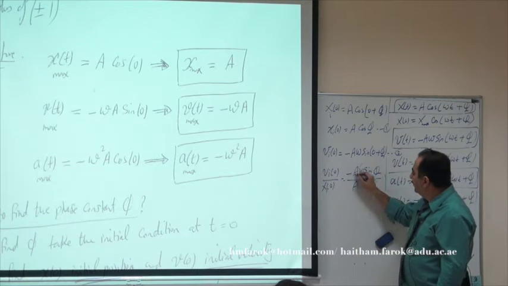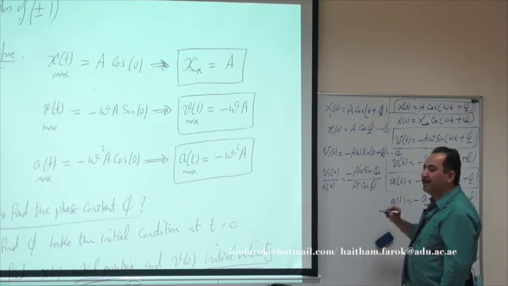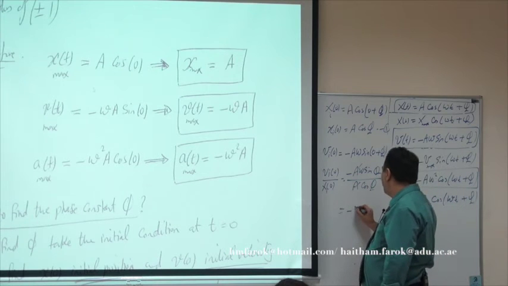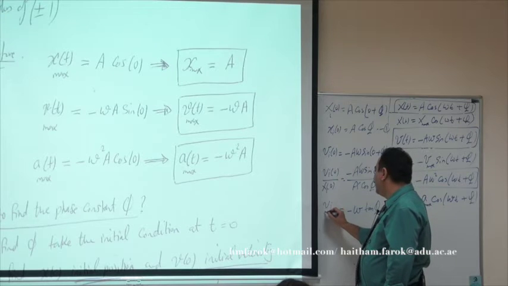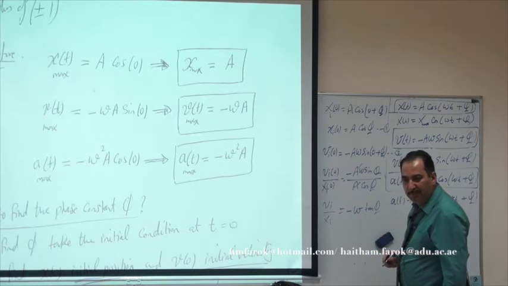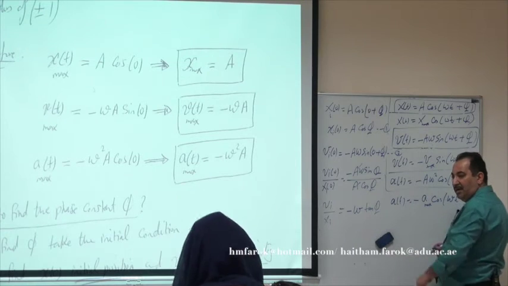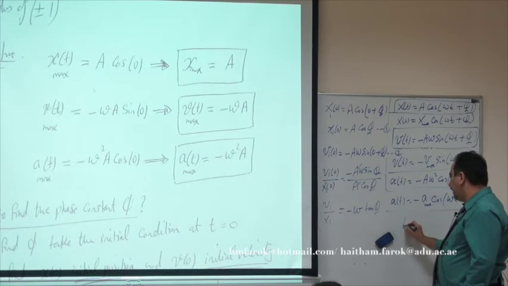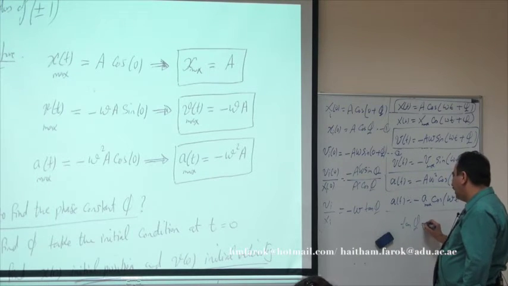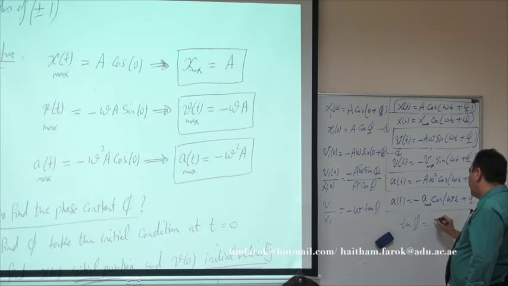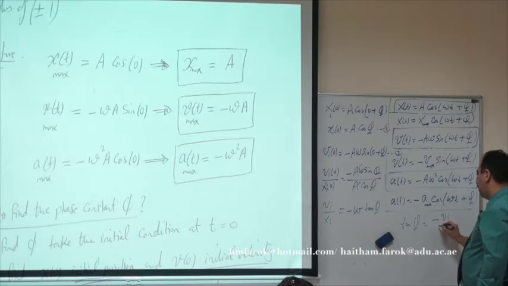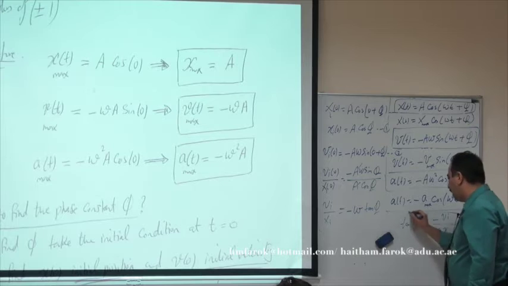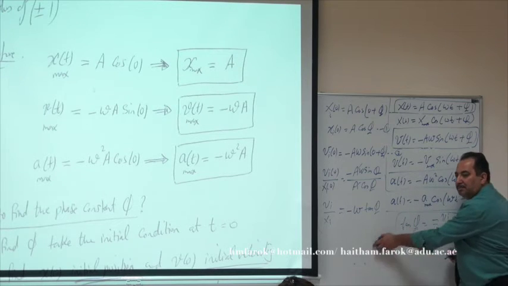Do I need the amplitude? No. Sine over cosine, so I'll have minus omega tan phi equals v initial over x initial. You are after phi, so tan phi equals, the minus put on the other side, vi over omega xi. That's it.